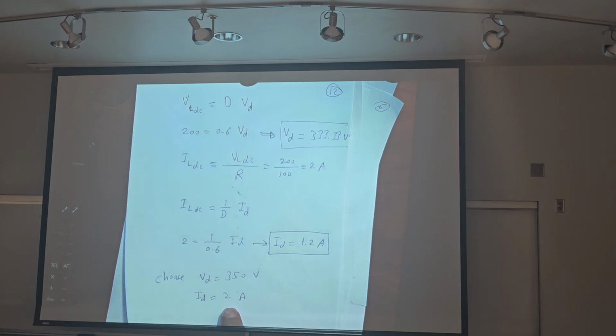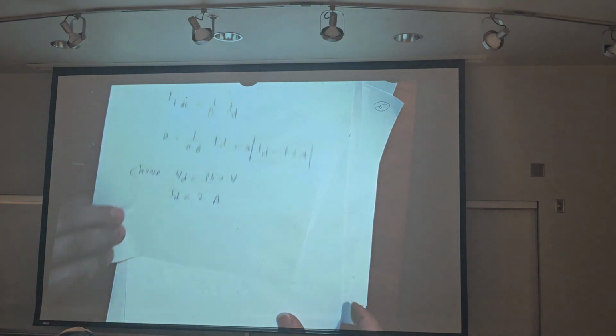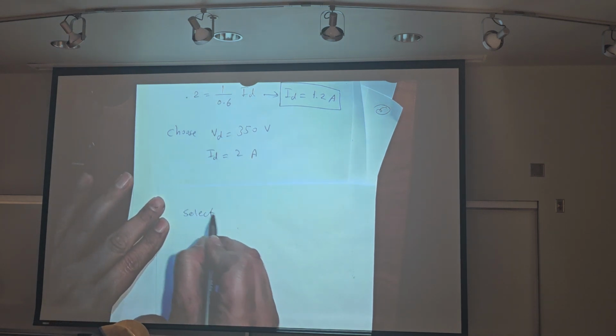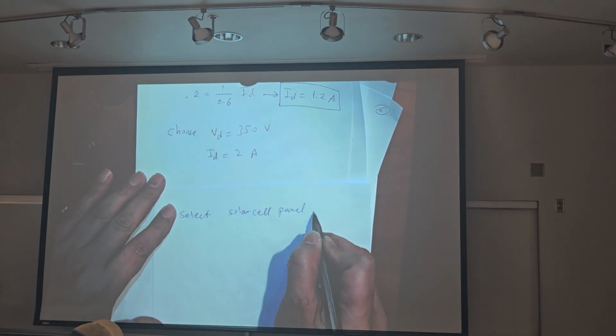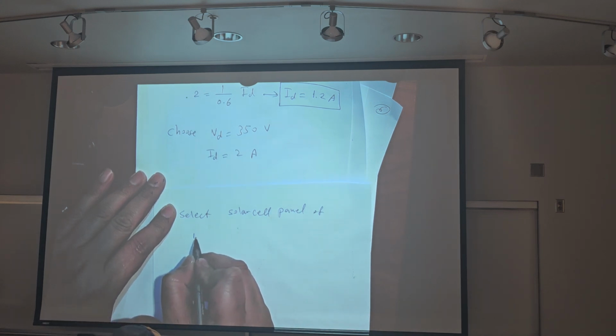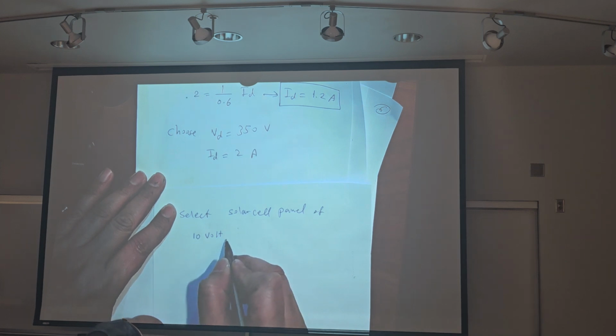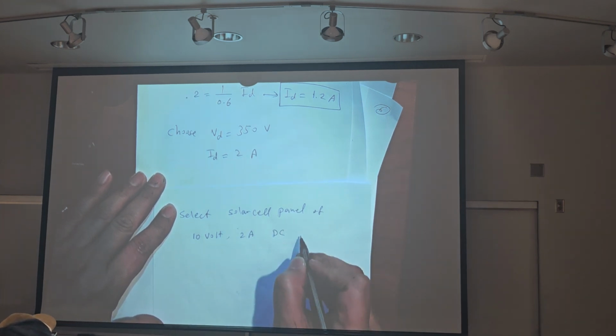If we have a solar cell panel that generates 10 or 20 volt output at 2 ampere, select a solar cell panel of 10 volt, 2 ampere DC, right.